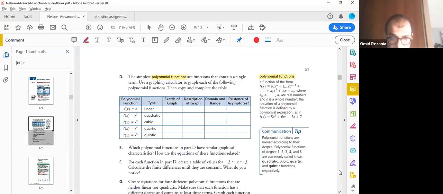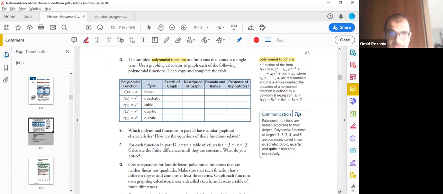However, the point which I wanted to make is this. For this function, that's a polynomial function. Look at the namings which we have here. For example, linear: if the highest degree of your polynomial is 1, you call that linear. If the highest degree is 2, you call that quadratic.